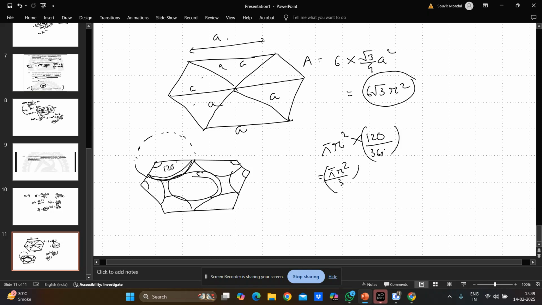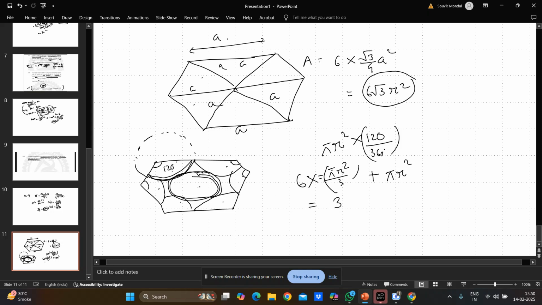Now, how many of this kind of atoms are there? One, 2, 3, 4, 5, 6. So you should multiply it by 6, 6 into pi r square by 3. Plus, there is an extra full atom which is fully sitting inside it, so it will contribute a total of pi r square.